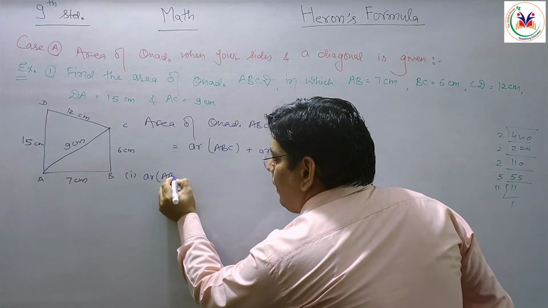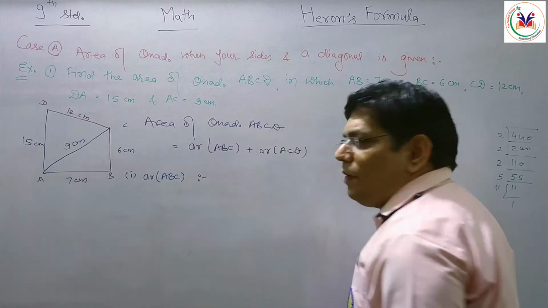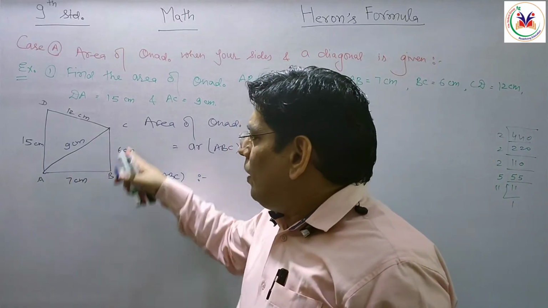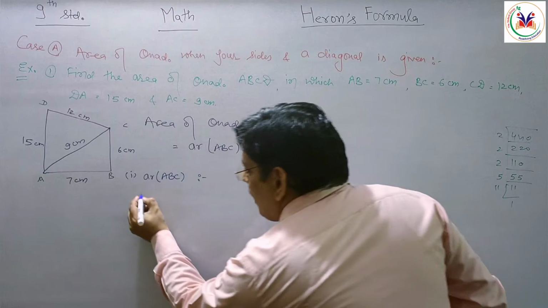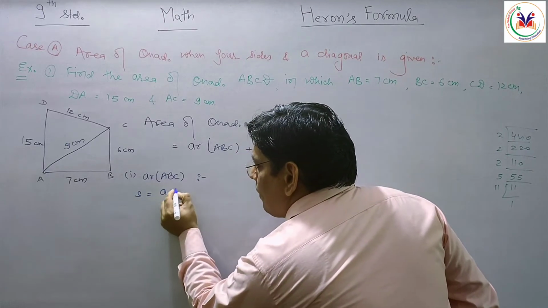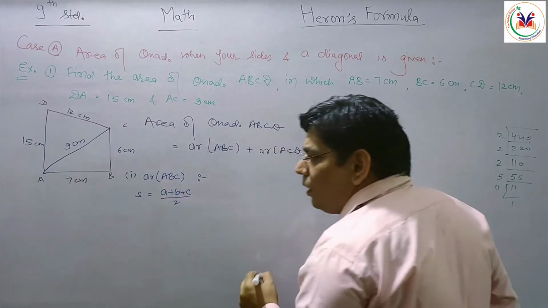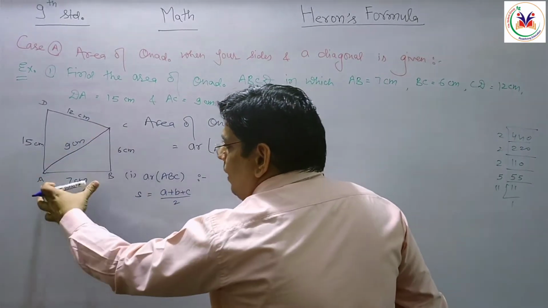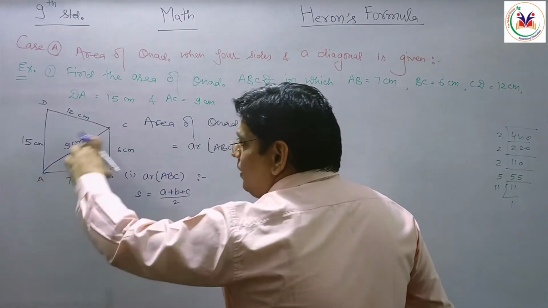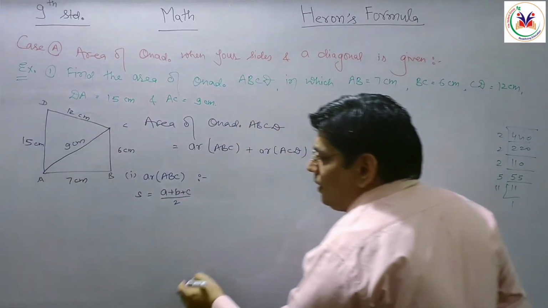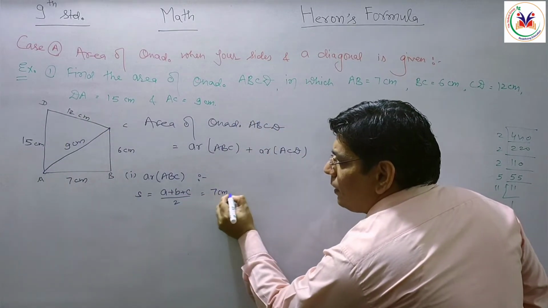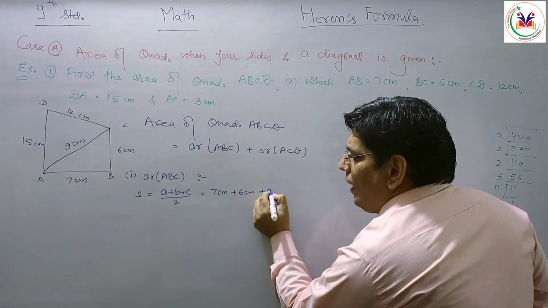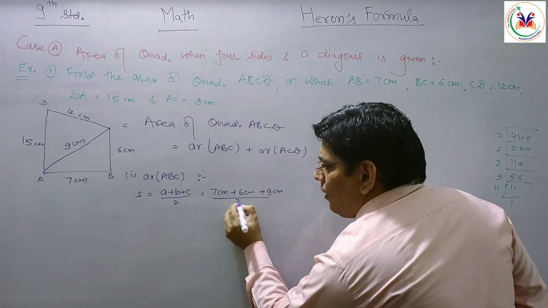When we find the area of ABC using Heron's formula, our semi-perimeter will be a plus b plus c divided by 2. In that situation, we go for only ABC, that means 7, 6 and 9. So 7 centimeter, 6 centimeter and 9 centimeter divided by 2.